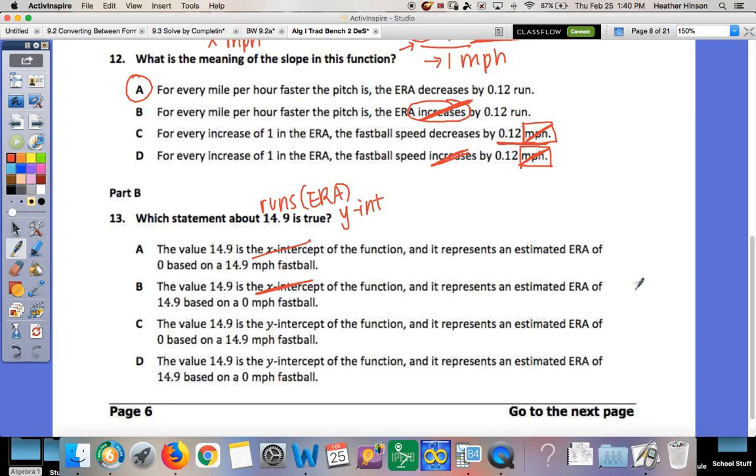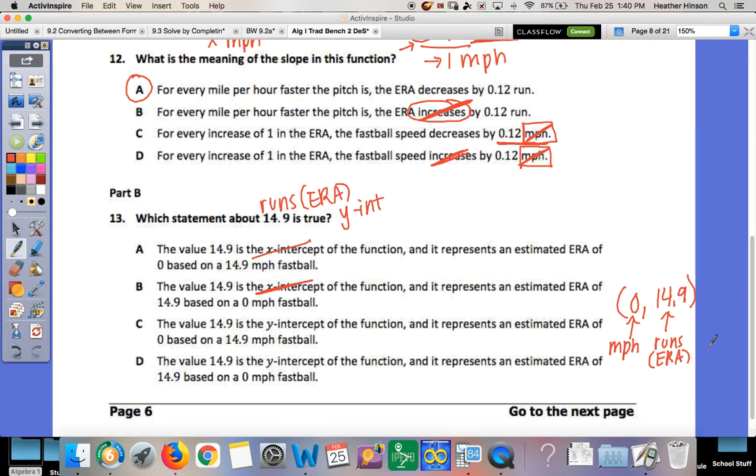So this part is asking you to figure out your y-intercept is (0, 14.9). What is 0? What is 14.9? Remember, x was our miles per hour, and y was our runs, which was the ERA, the average runs.